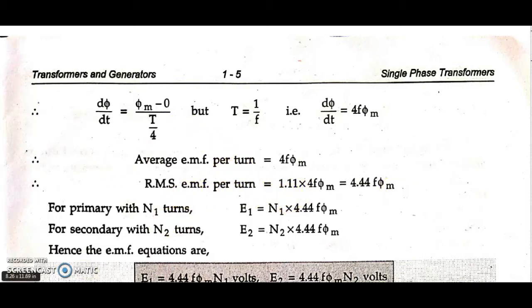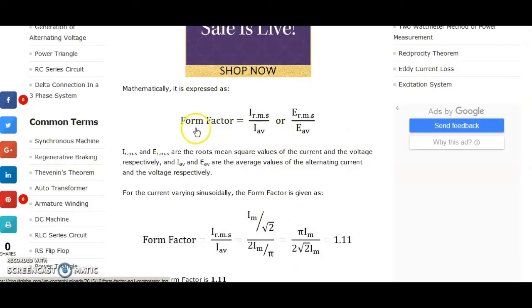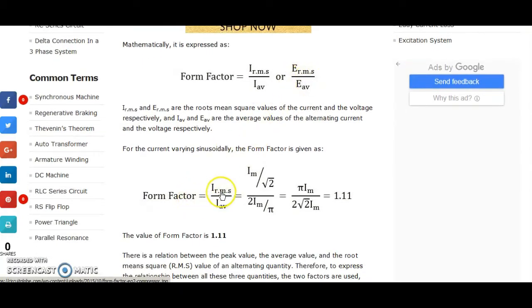See here, the form factor is given by the definition I_RMS divided by I_average, RMS current divided by average current, or it can be written as RMS EMF divided by average EMF. We know that the RMS value of sinusoidal current is always Im by root 2, and I average is equal to 2Im by π.